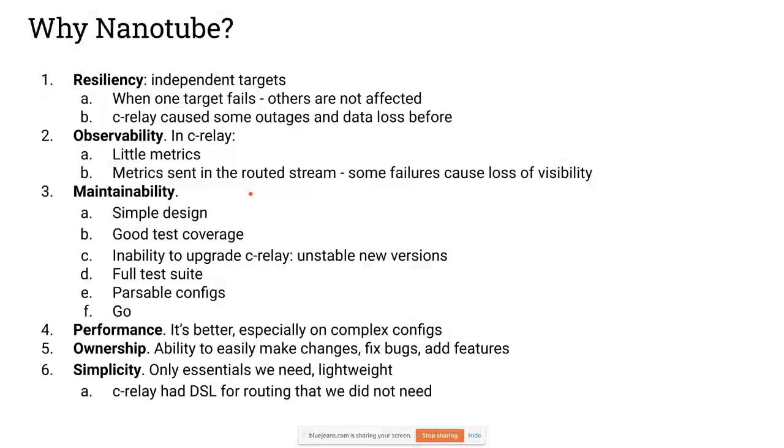Another thing is maintainability. So we strive for a simple design. Carbon C-relay is a complex project that grew over time to take into account the needs of multiple users, so it became harder to maintain. For us also was very important point that we have a good, reliable test coverage. We have unit test coverage that includes some simple end-to-end tests. We have fuzzing.